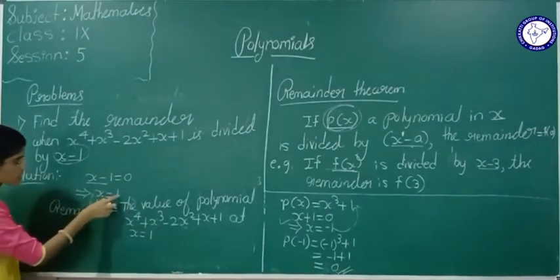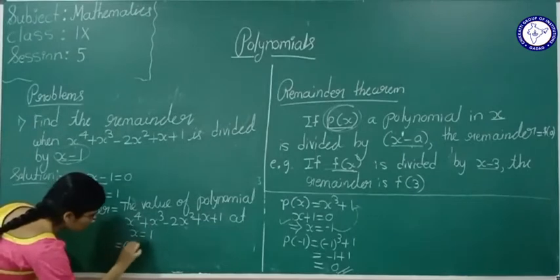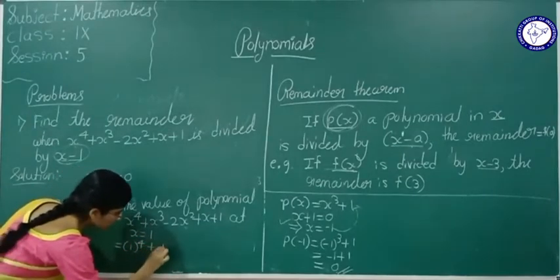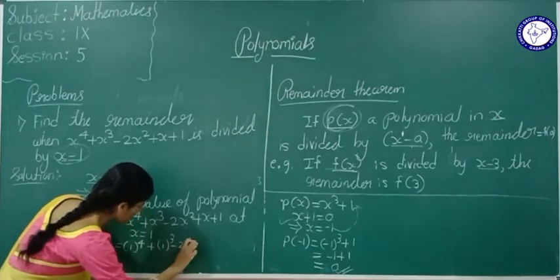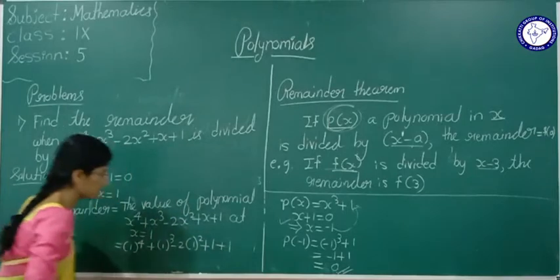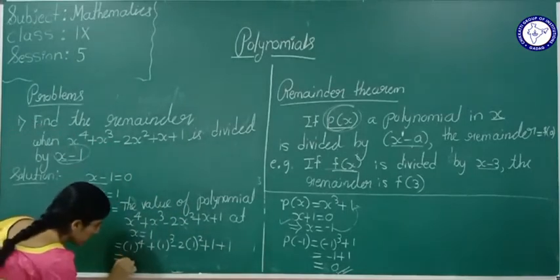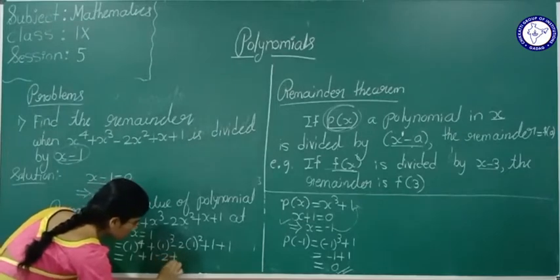So substitute x is equal to 1 in this polynomial. What is that? 1 raised to 4 plus 1 raised to 3 minus 2 multiplied by 1 square plus 1 plus 1. It will be 1 plus 1 minus 2 plus 2.